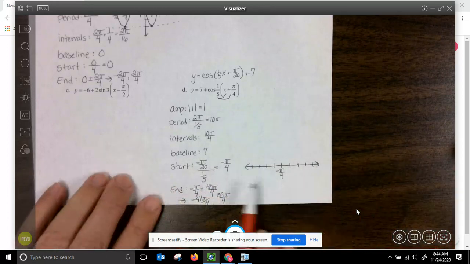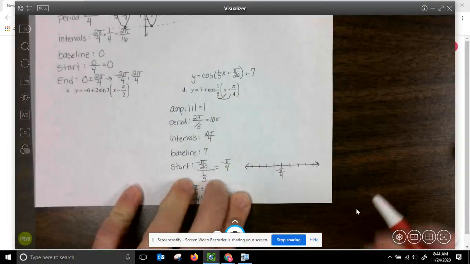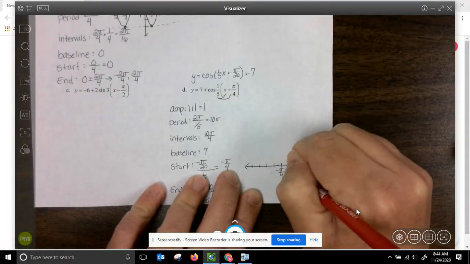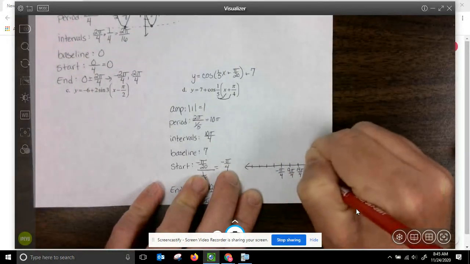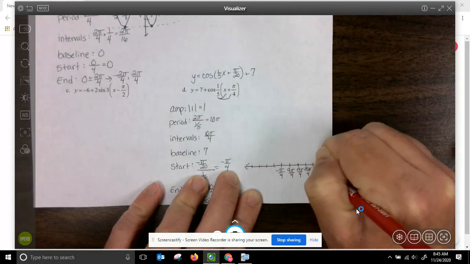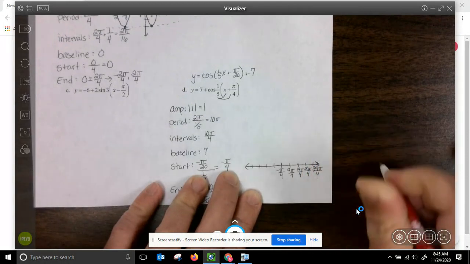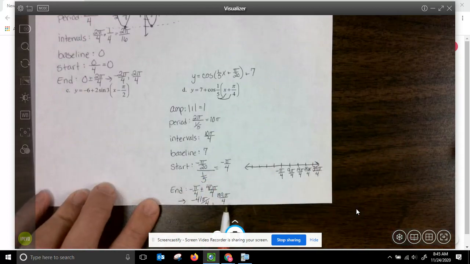As I go to the right, I will be adding my intervals. So negative pi over 4 plus 10 pi over 4, this will be 9 pi over 4. Then 19 pi over 4, 29 pi over 4, and 39 pi over 4. If we do that correctly, it should match up here, and it does.